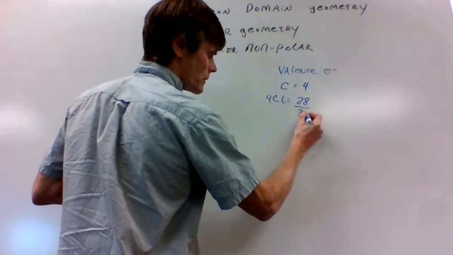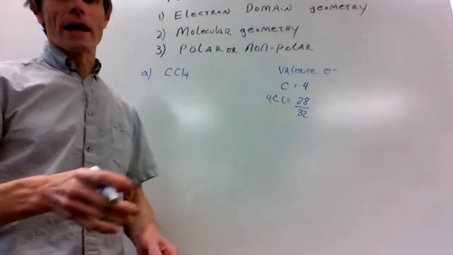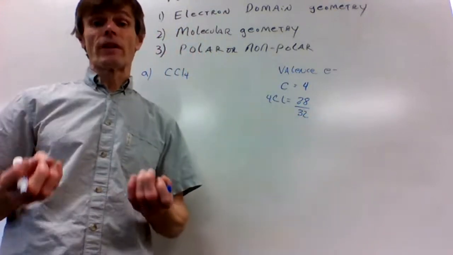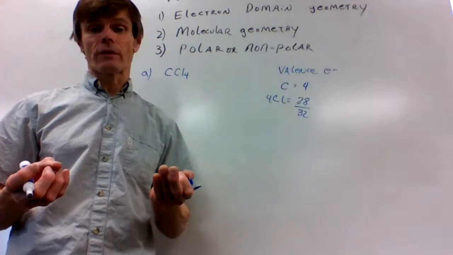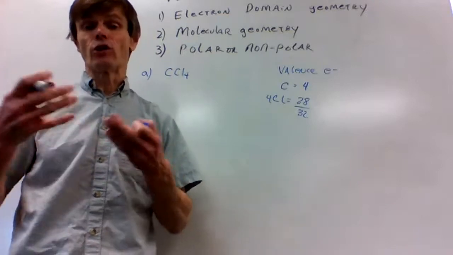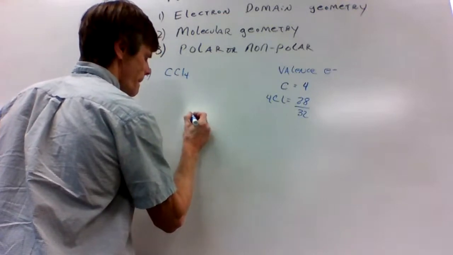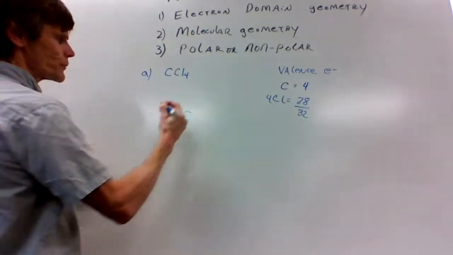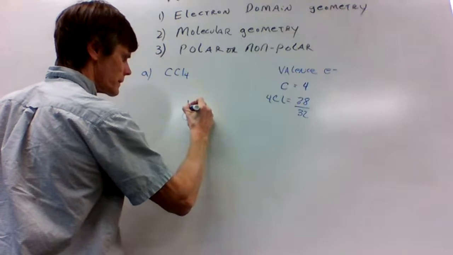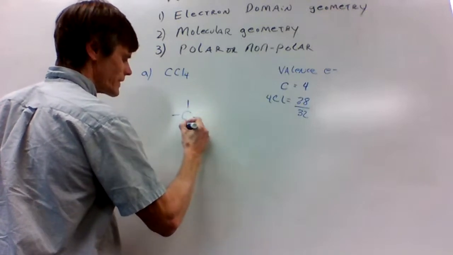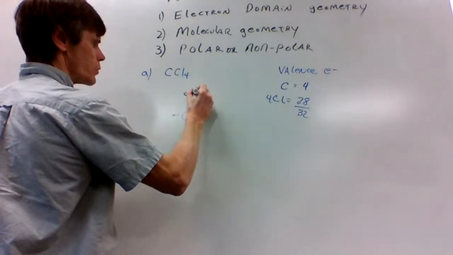And this valence electron count, this tells us the number of electrons that we're working with when we're building a Lewis structure. We have a central carbon, and we're surrounded by 4 chlorine. So we need to at least have single bonds to our chlorine atoms.